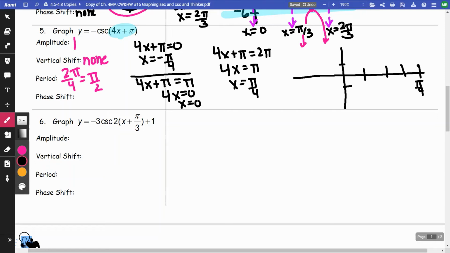And hold on, let me just draw that a little better. And then halfway from 0 to pi fourths is going to be pi eighths.